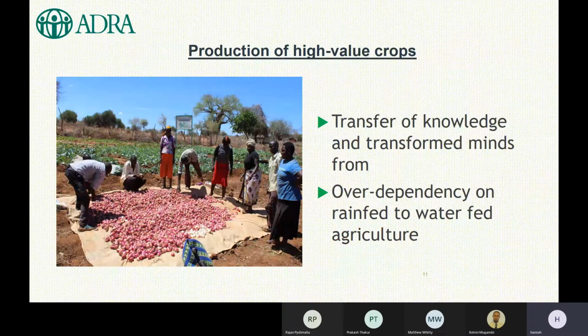And you can see the harvest actually yielded good results.